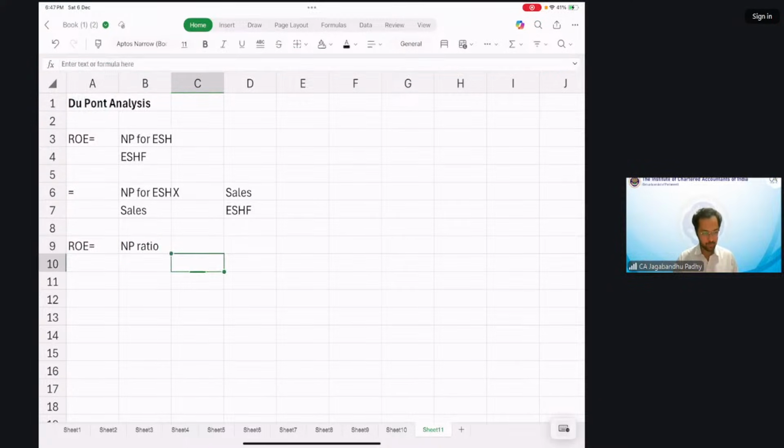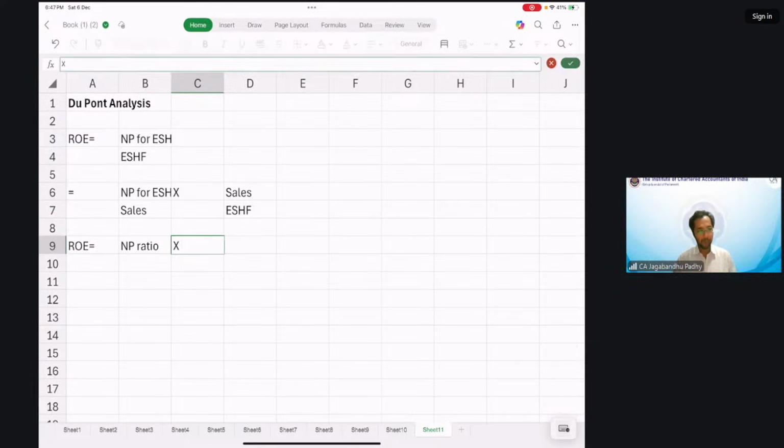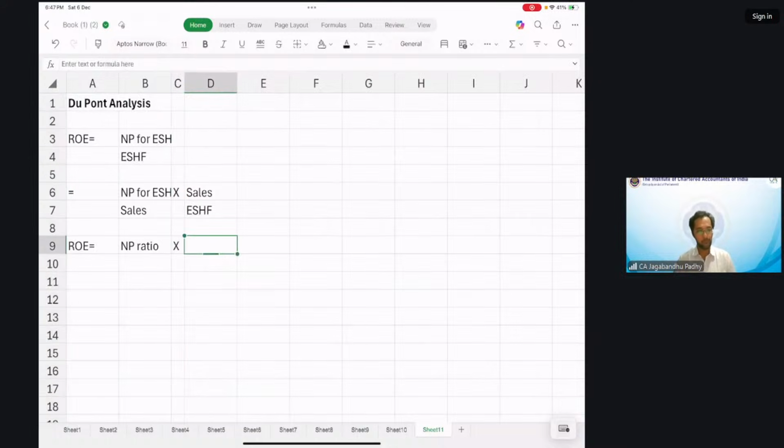net profit ratio multiplied by equity turnover. So we just multiply this as net profit ratio into equity turnover.